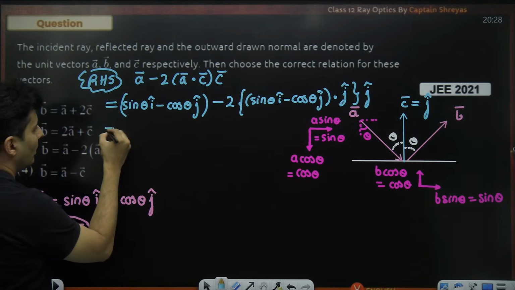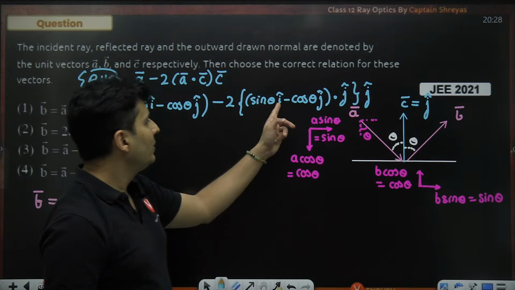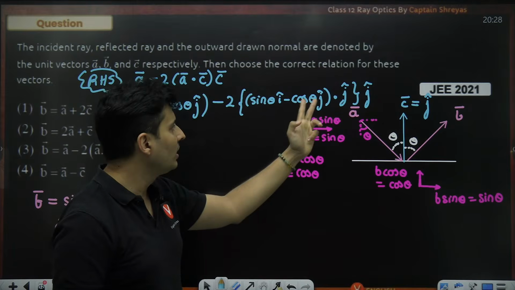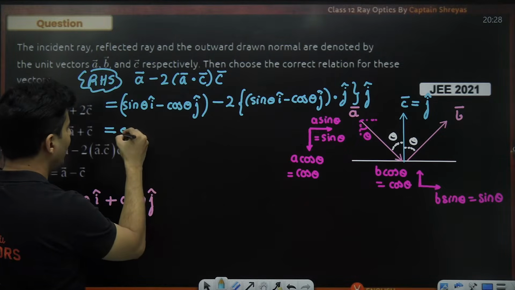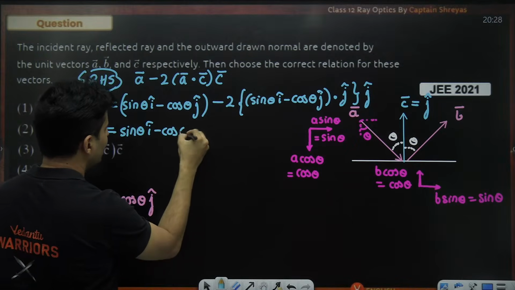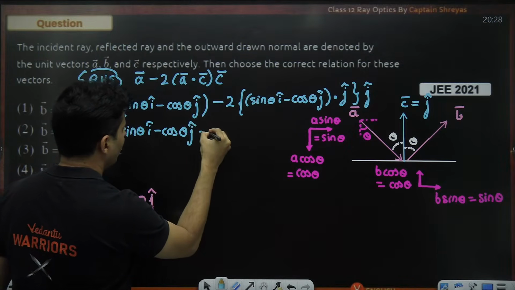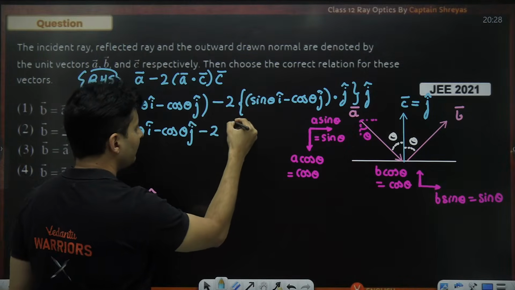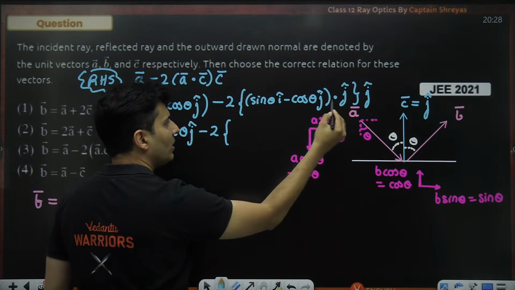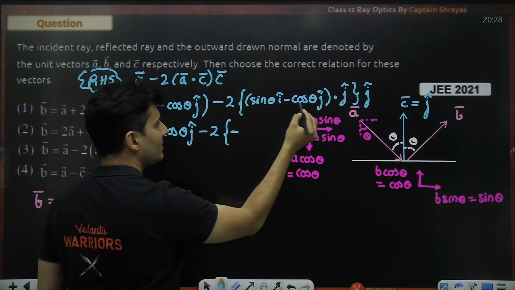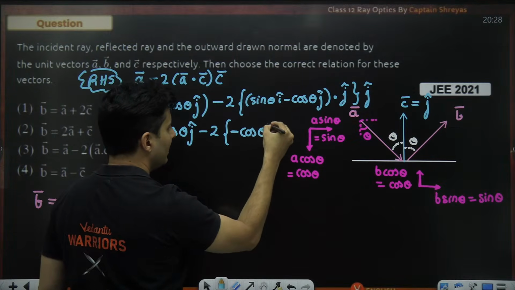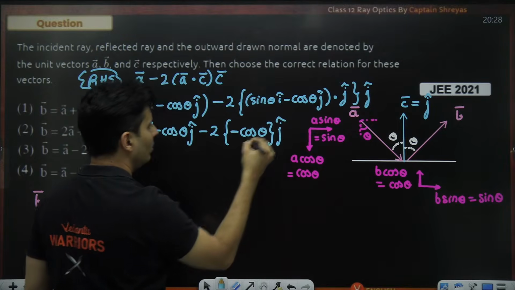Now see what will happen to this. When you do the dot product of this with this, i cap has nothing to multiply, only this will multiply. So we will have sin theta i cap minus cos theta j cap minus 2 times, inside, when you do the dot product, i cap will not multiply, only this will multiply. So it will be minus j into j is 1, cos theta with negative sign will be there, and we will have j cap over here.